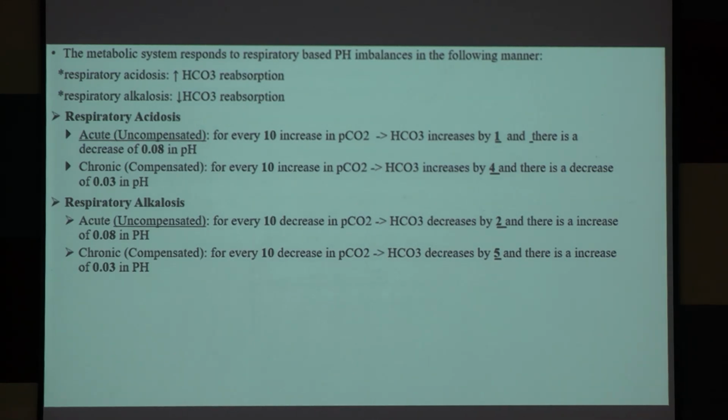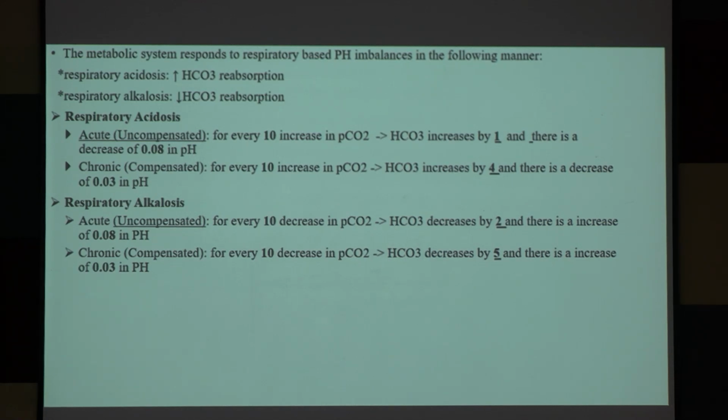In case of respiratory alkalosis, for every 10 decrease in PCO2, HCO3 will decrease by 2 and there is an increase of 0.08 pH, right? You have to remember this.